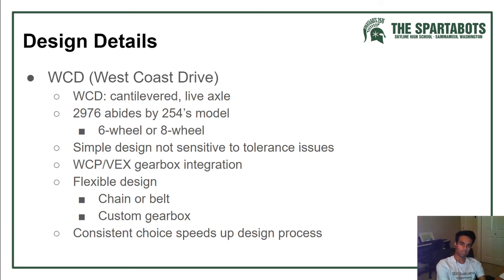This means the axle is actively spinning. 2976 abides by the 254 model, where you have a rectangle with either 6 or 8 wheels, 3 or 4 on either end. So like a tank drive, basically.